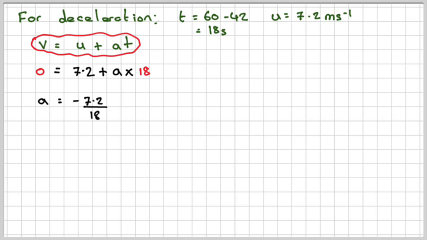Make a the subject, that's going to be −7.2/18, which is −0.2 meters per second squared. Now, we expect it to be negative because the lift is going downwards, and therefore the acceleration is acting upwards against it, which is negative in this question.